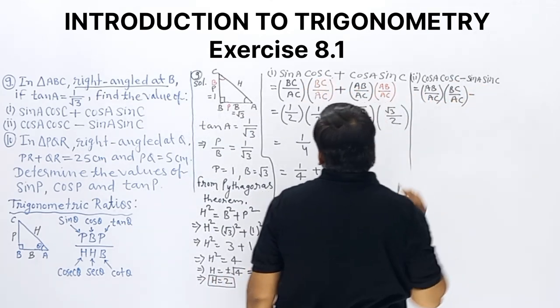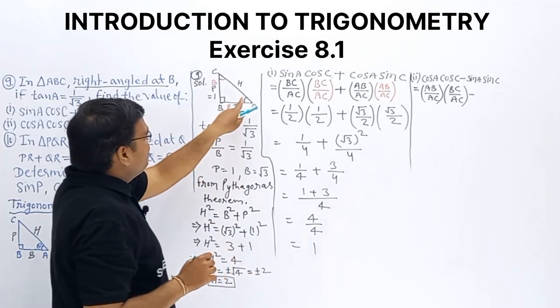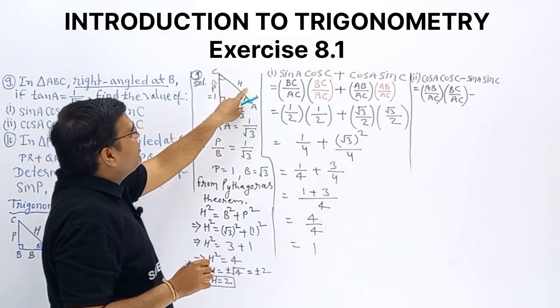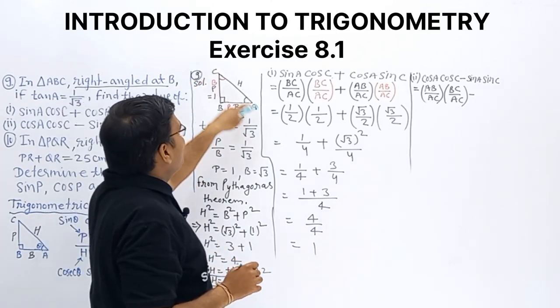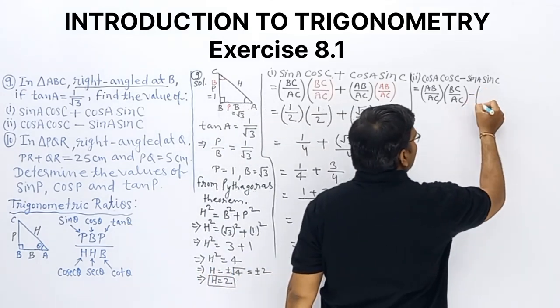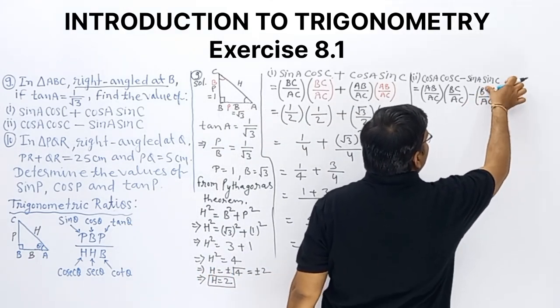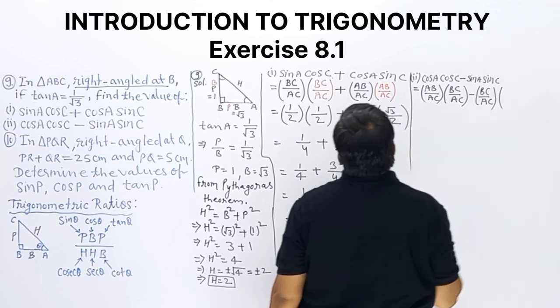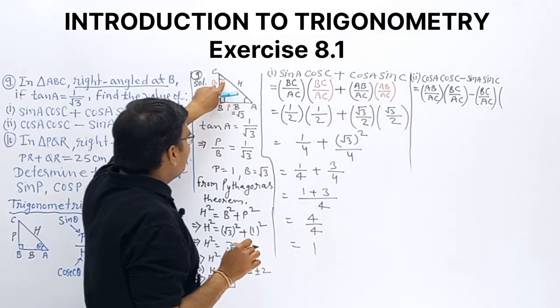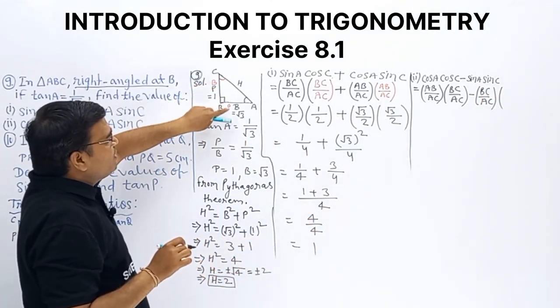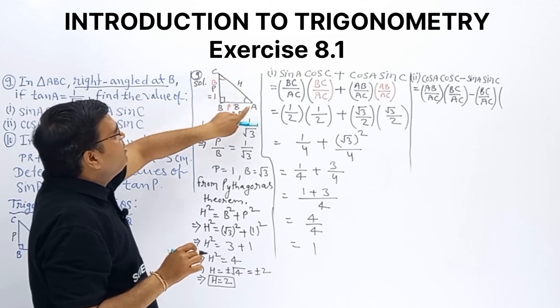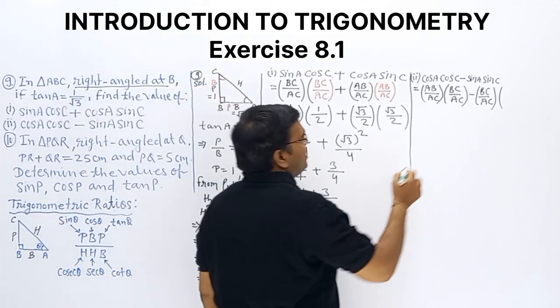Clear. Now sin A. What is sin A? This one, perpendicular upon hypotenuse, BC upon AC. Into the last one, sin C. For this acute angle, perpendicular upon hypotenuse, AB upon AC.